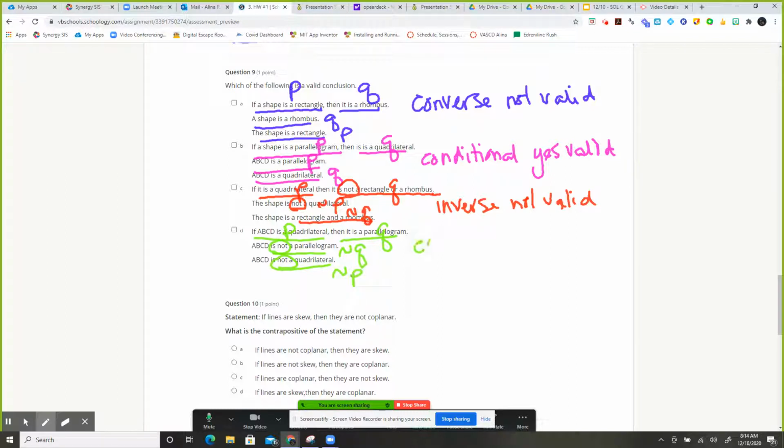This is contrapositive. Is that valid or no? Yes. So we've got a valid contrapositive and a valid conditional. Remember, converse is not valid and inverse is not valid.